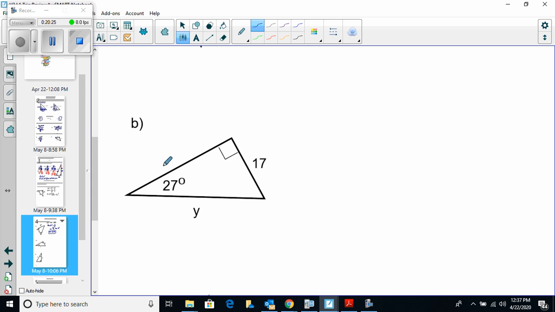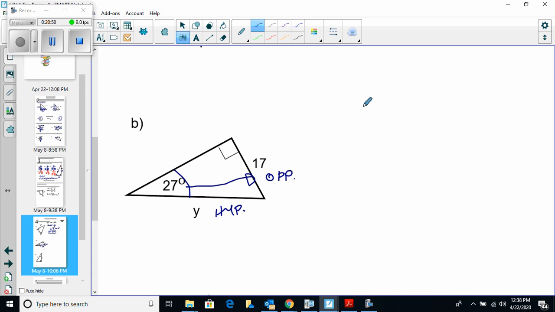The next example that you see here is this angle is given as 27 degrees, and the side that is opposite to the angle is 17. So that makes the 17 the opposite side. And the side that is opposite to the 90 degree angle is the hypotenuse.